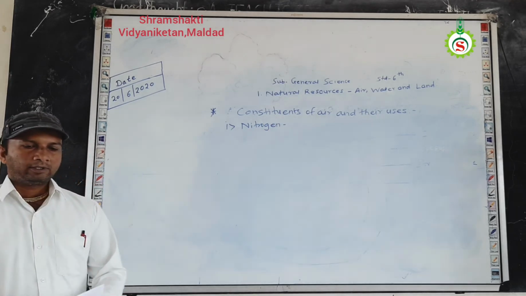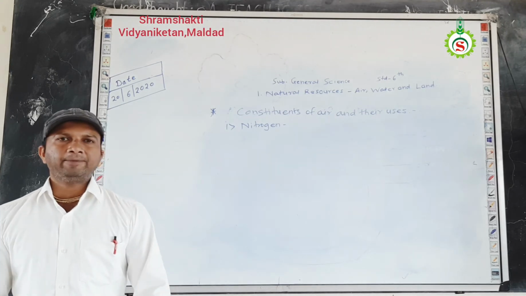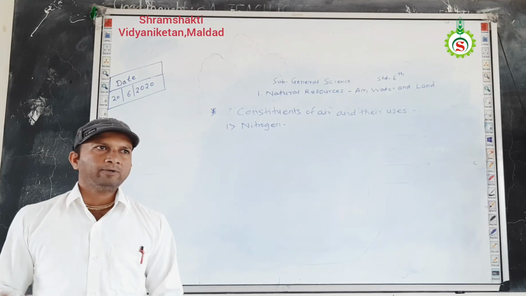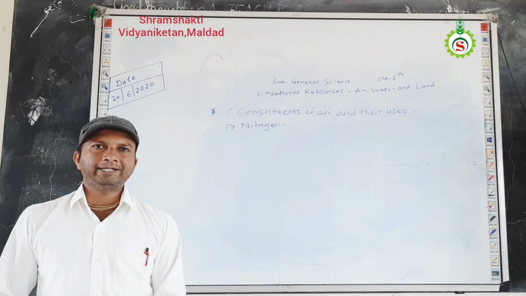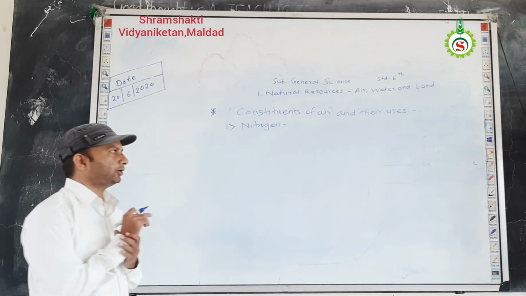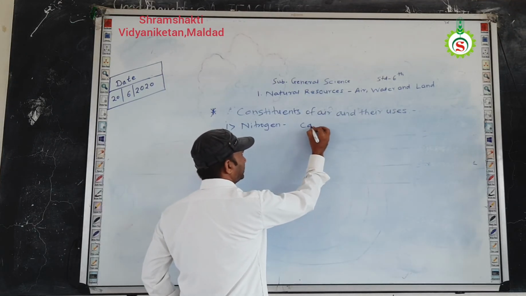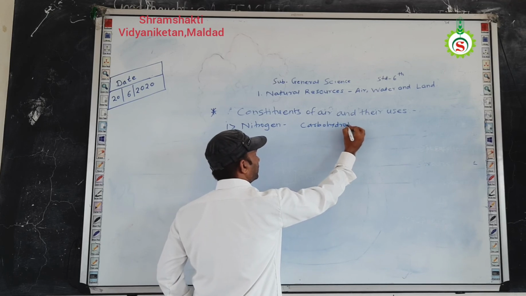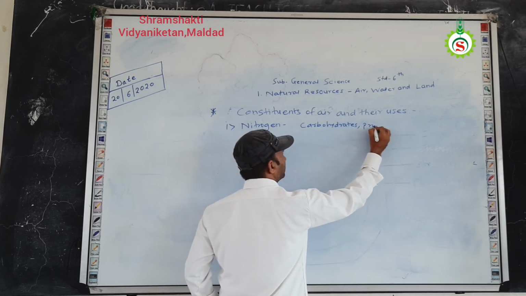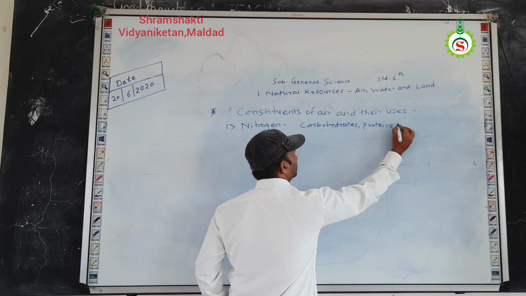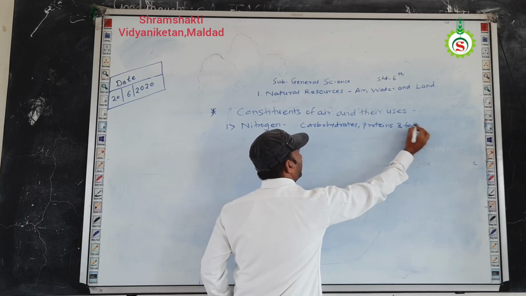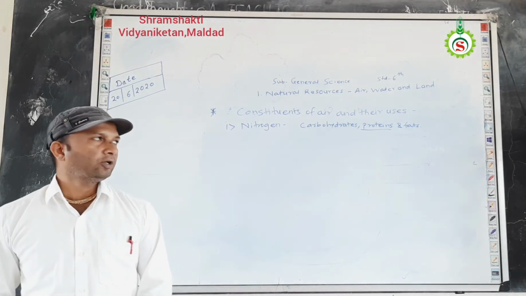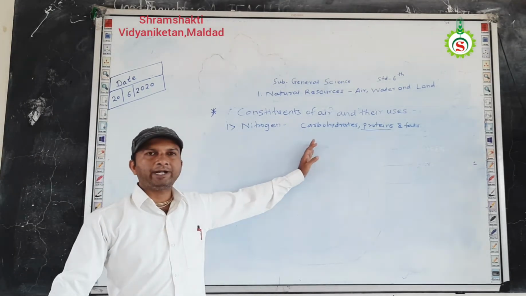Nitrogen is the main important gas present in the atmosphere. Now what is the use of nitrogen? In the previous standard you learned the three important constituents of food: carbohydrates, proteins and fats. Protein is an important constituent in the body of an organism, and to make proteins we require nitrogen.